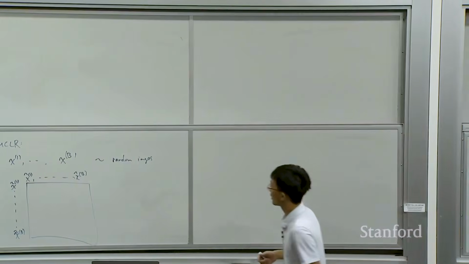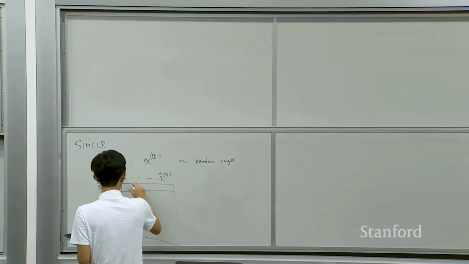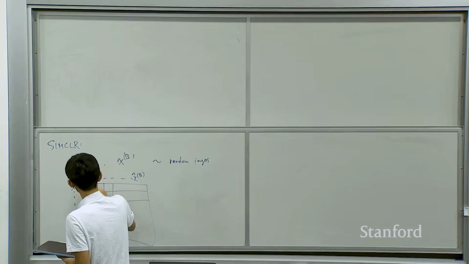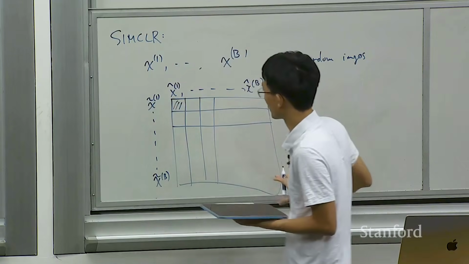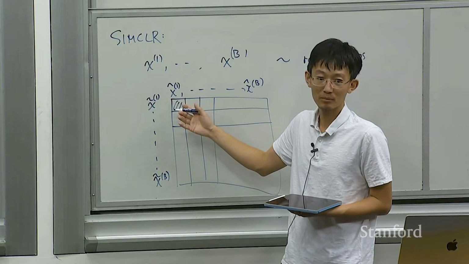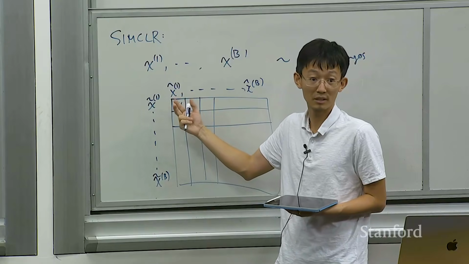Now I want to build some kind of matrix. Suppose this matrix is capturing the similarity. You want this entry to be big because you want the similarity between augmentations of the same image to be big.